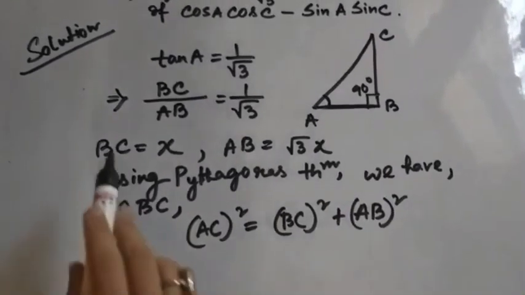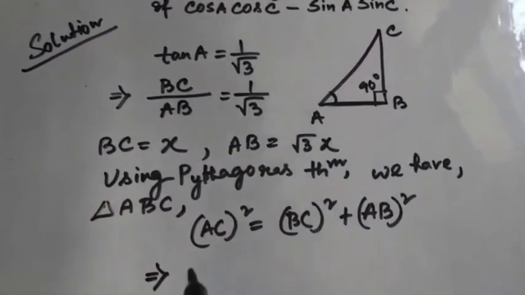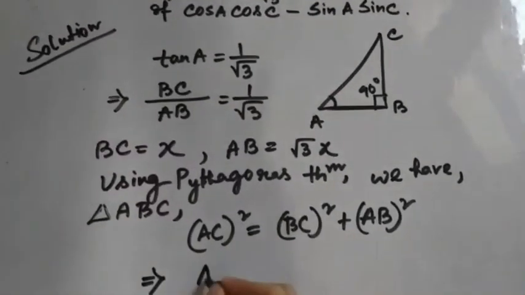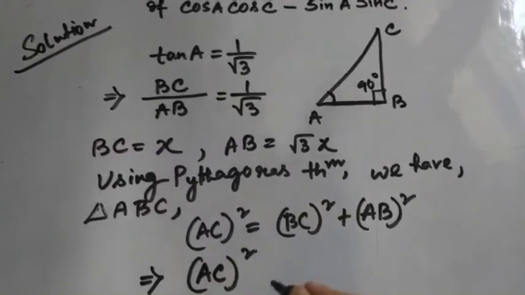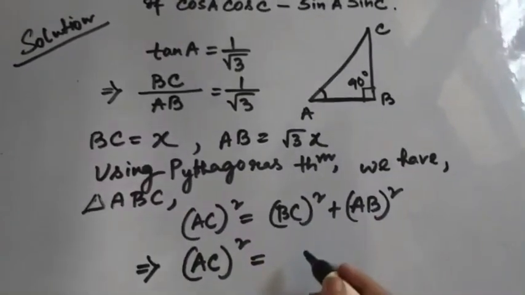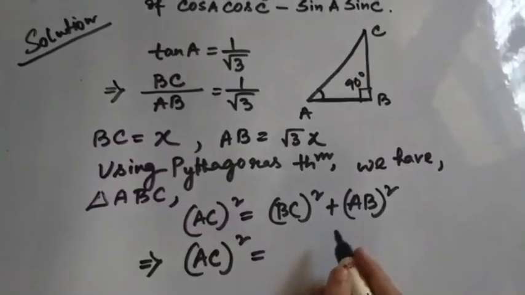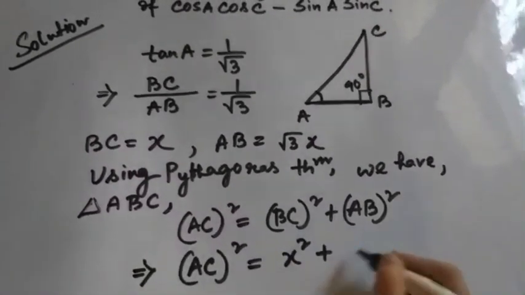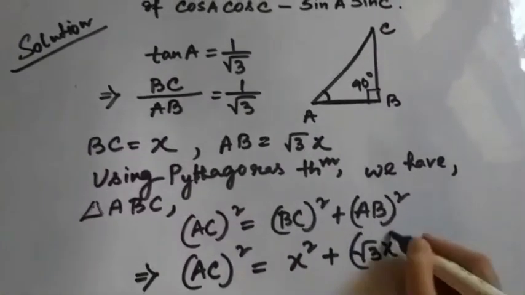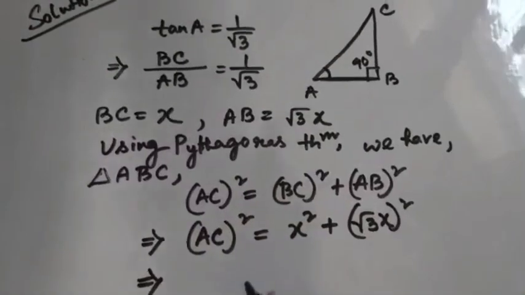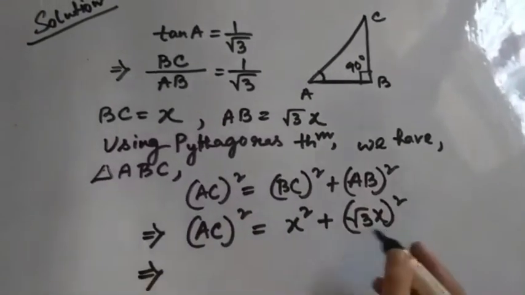Now we know the value of BC and AB, but we don't know the value of AC, so we are writing AC square only. Instead of BC and AB, we are putting the values: x square plus root 3x whole square.